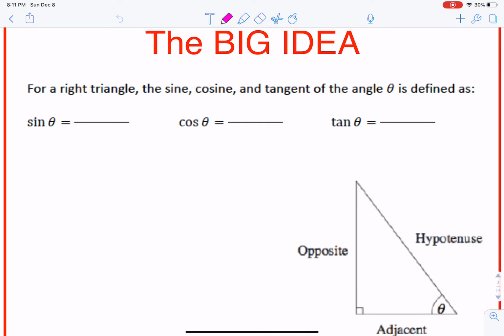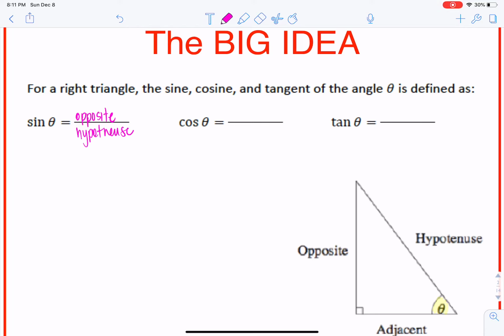So sine of this angle theta right over here is going to be the ratio of the opposite side length over the hypotenuse.